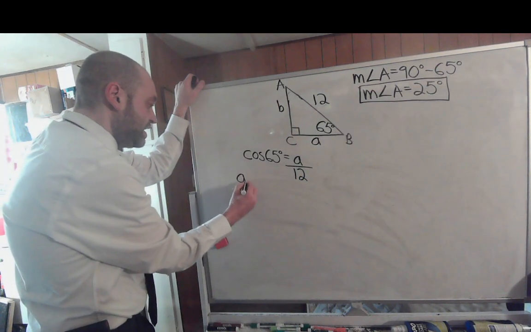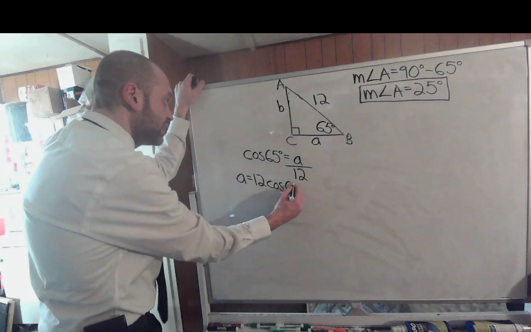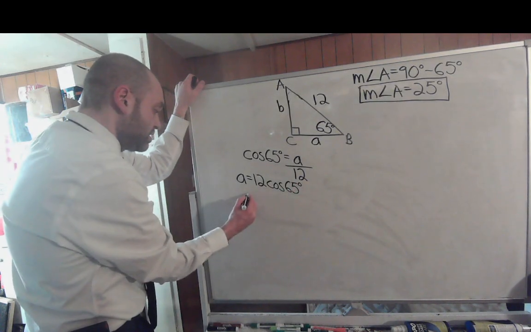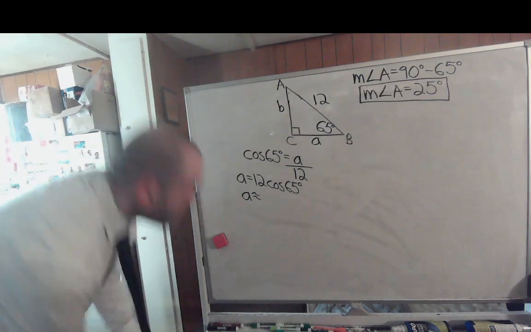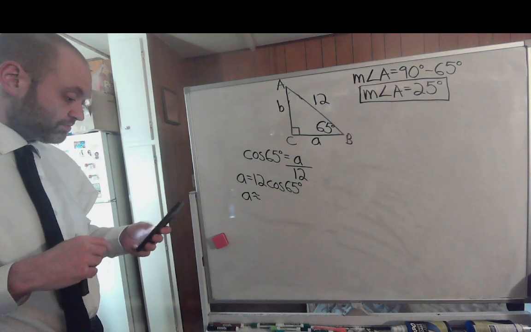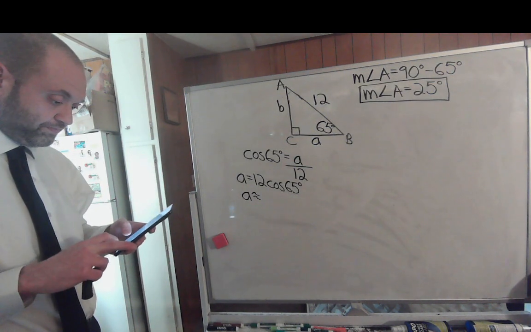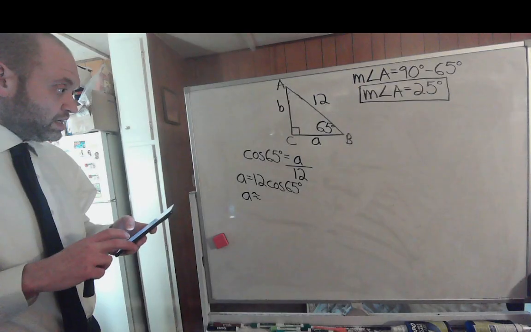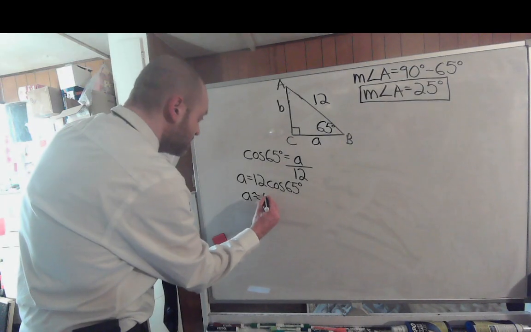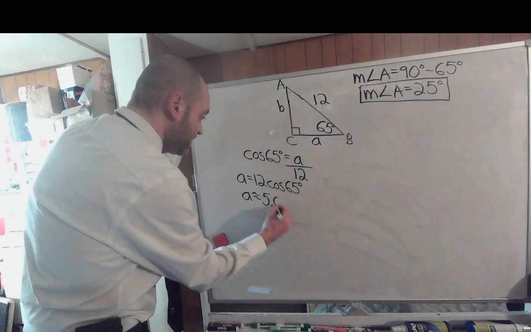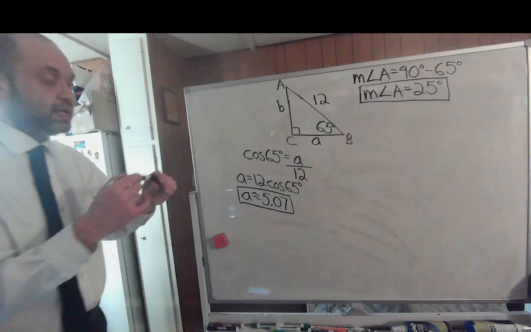So that means A is going to equal 12 times the cosine of 65 degrees, which now we can get a 2 decimal place approximation for this. So you would get about 5.07. So side A has a length of approximately 5.07. Now what about B?